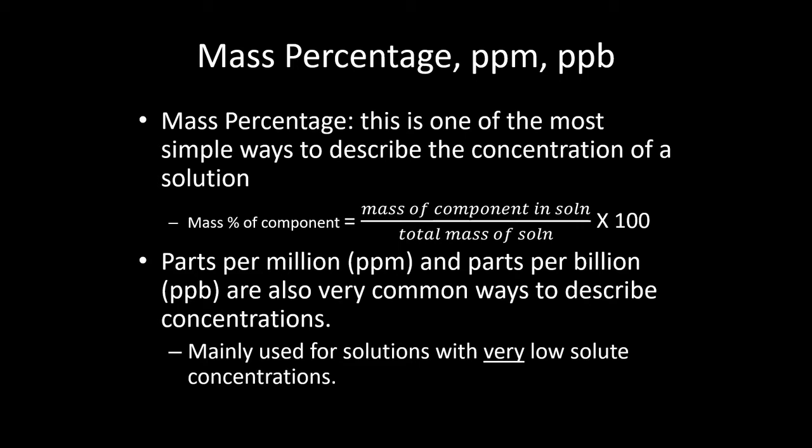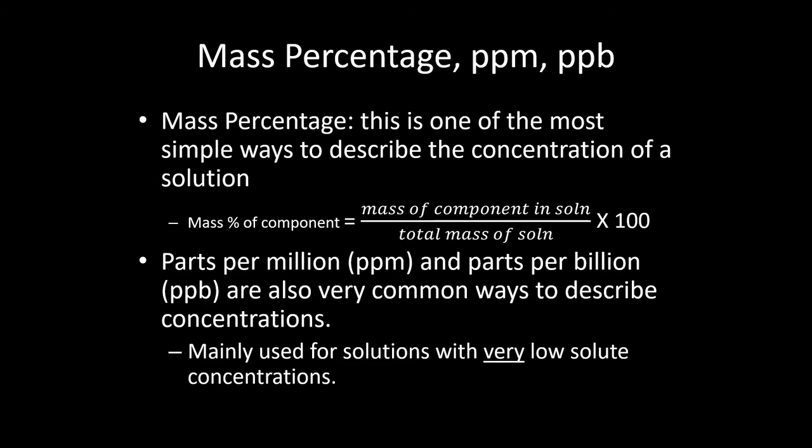Hopefully, you would need to measure that contaminant in parts per million or parts per billion. If you needed to use a larger unit, then that stream is probably in really bad shape. So hopefully you're using parts per million and parts per billion, because these are most commonly used for very low solute concentrations.